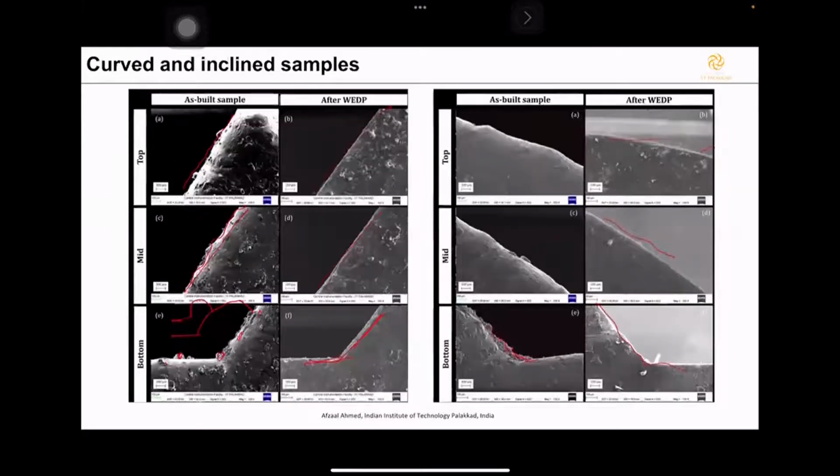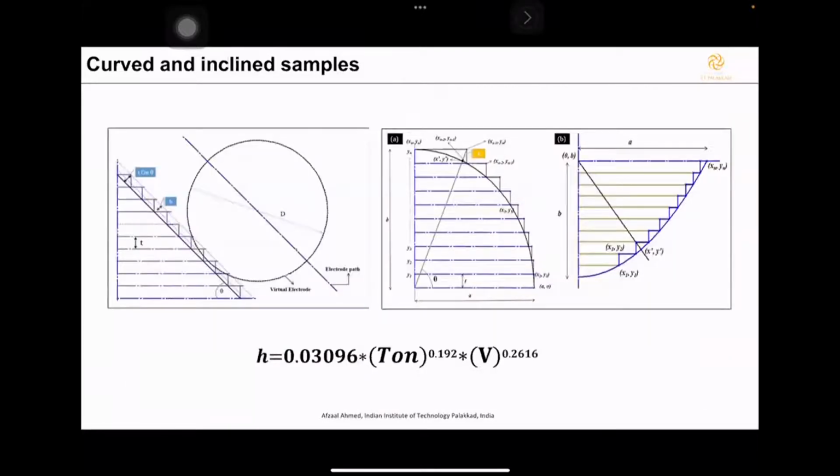Now, up to this, we discussed from the point of view of studying the dimensions of each and every feature, be it inclined, curved, or whatever. Then we went into the geometrical modeling. Let's say this is my inclined surface, which is at a 60-degree angle, and this is the stair-stepping effect on the surface. And here is my wire. Now my job is to find out, if I want to remove the steps on the surface, what I have to do: I have to cut the tip of the stair step in each pass of polishing.